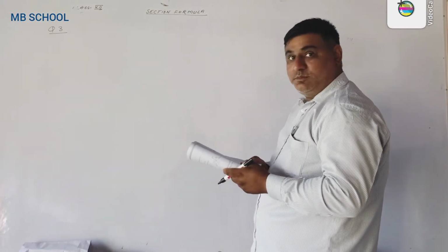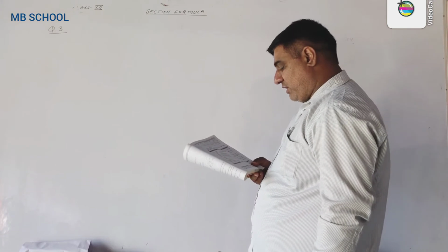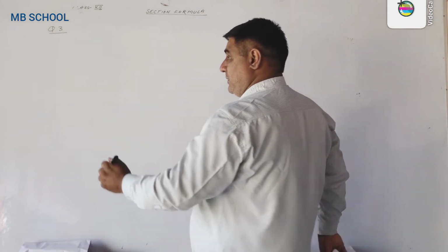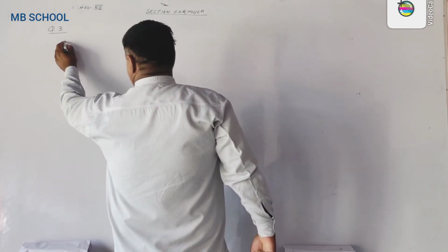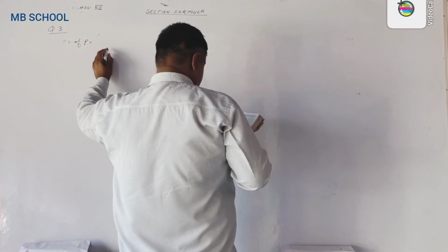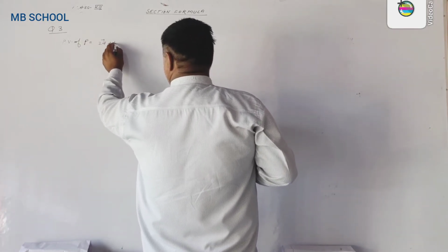In question number 3, find the position vector of R which divides the line joining points P and Q whose position vectors are given. Position vector of P equal to 2a plus b.